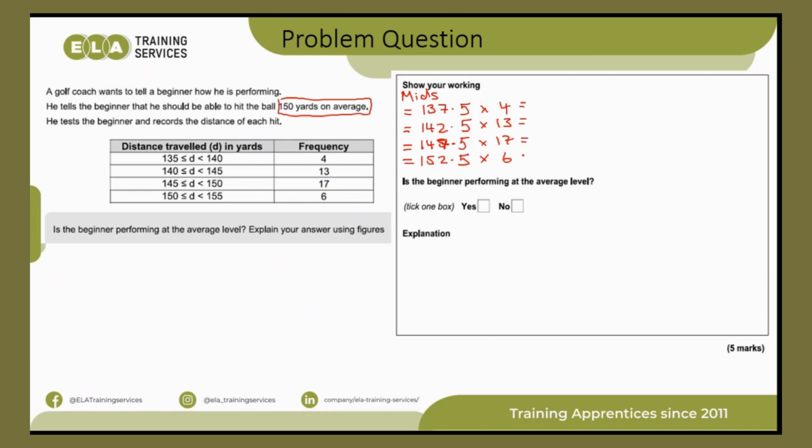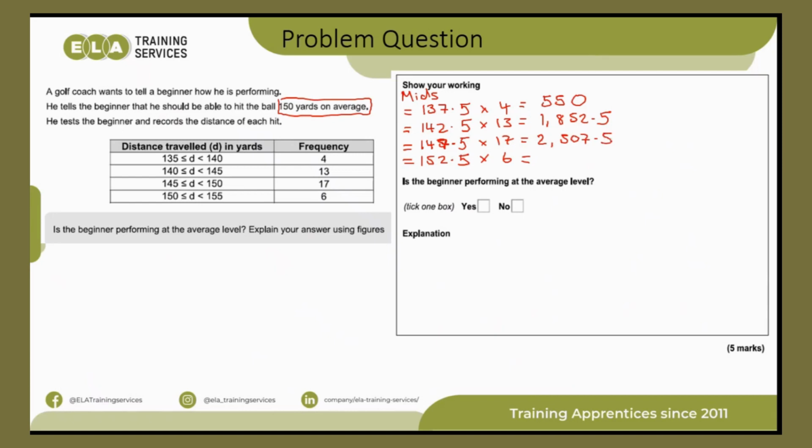Right, so now we're going to pop those numbers into the calculator. 137.5 times 4 is 550. 142.5 times 13 is 1,852.5. 147.5 times 17 is 2,507.5.